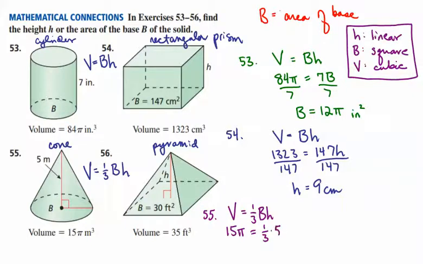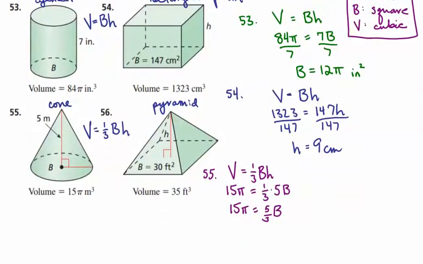So I'll put the 5 next to the 1/3 and times the area of the base. So we have 15 pi is equal to, and if we multiply 1/3 times 5, we get 5/3 times capital B.